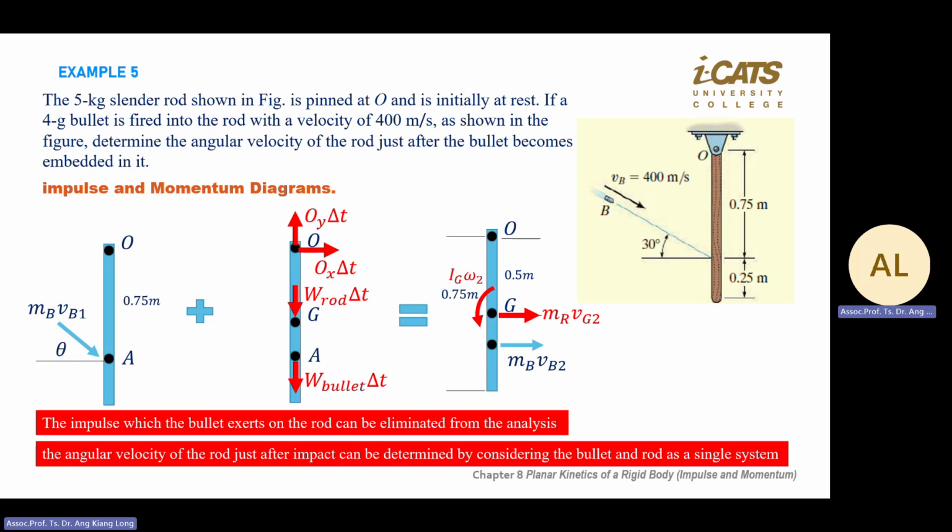So mV splits into X and Y. You have mVx and mVy. Here also you have Ox, Oy, W rod y, and W bullet y. Here you have omega 2 anti-clockwise, and also you have two forces there, rod mass and bullet mass. Although the bullet mass is very, very small, you need to calculate.